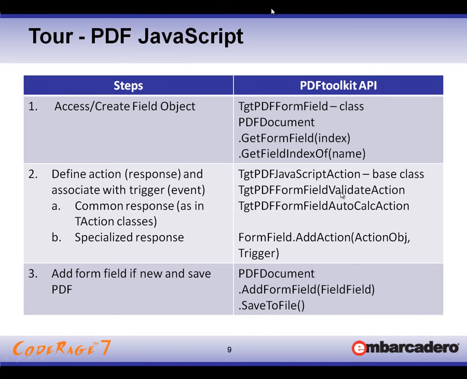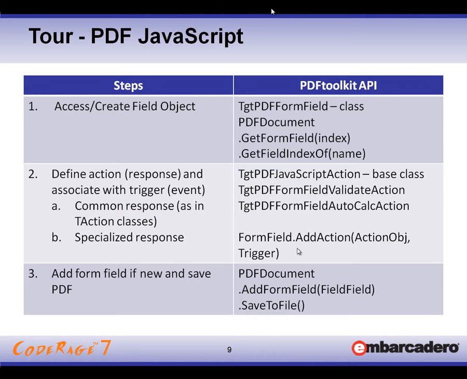So we have the base class, which is the PDF JavaScript action, which is what we use for custom behavior. And PDF Toolkit introduces two new classes, one for validating and formatting form fields and another for setting up AutoCalc fields. So once we have created an instance of one of these classes and then written the necessary JavaScript, we need to associate the action to the form field and the appropriate event or the trigger of the form field.